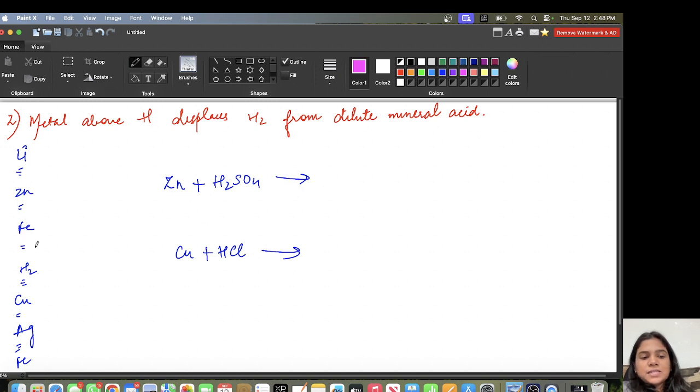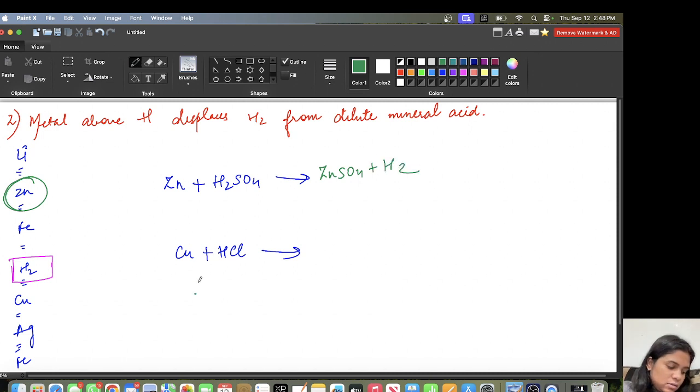Where is zinc? First look at your hydrogen. Hydrogen is here. Zinc is above. So whatever is present above hydrogen will replace hydrogen. So it will become ZnSO4 plus H2. This means the cell reaction is spontaneous.